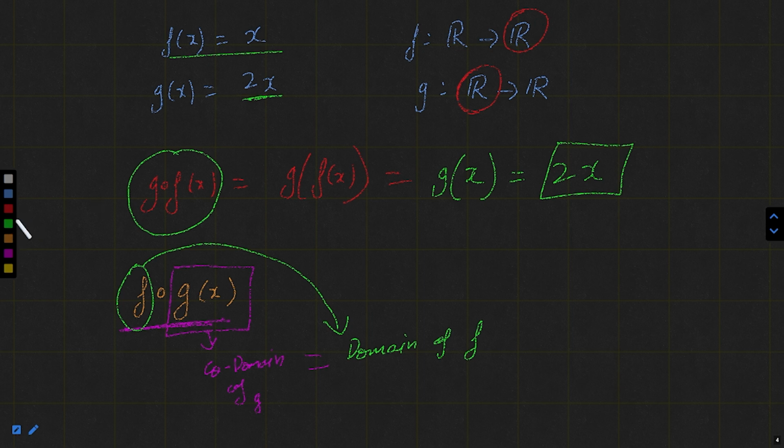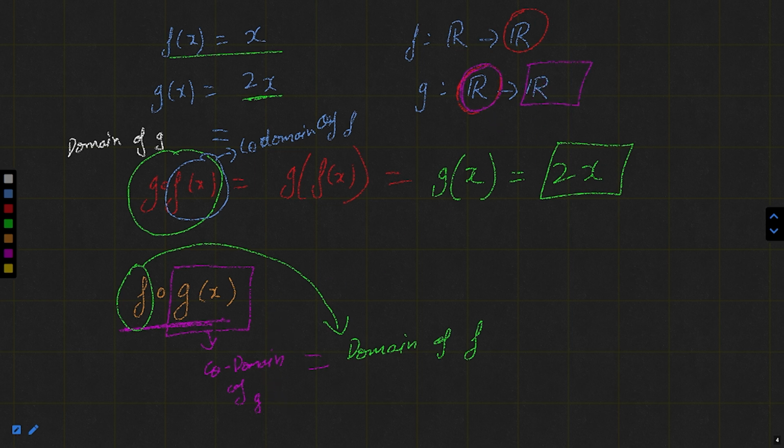As you saw in this also, the codomain of f is equal to the domain of g. Yes. So let's see the domain of g. Codomain of g is R.